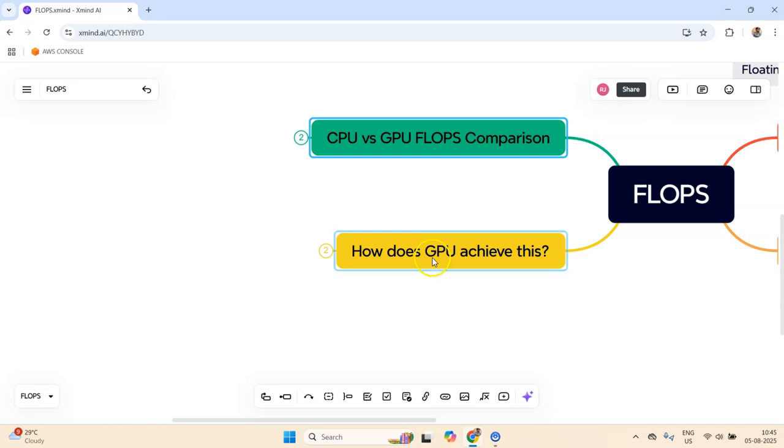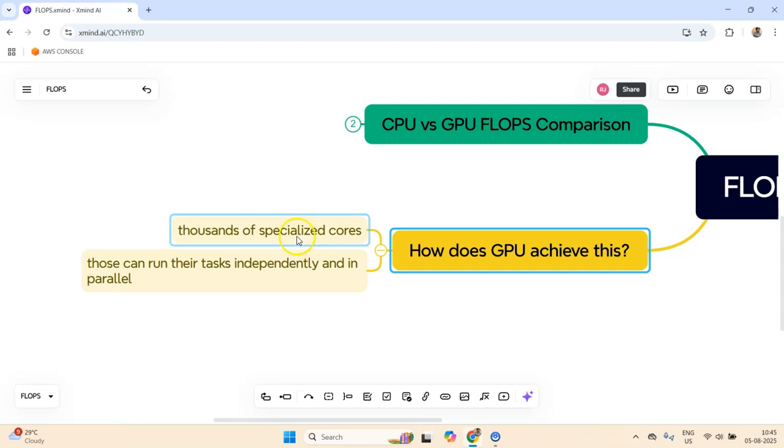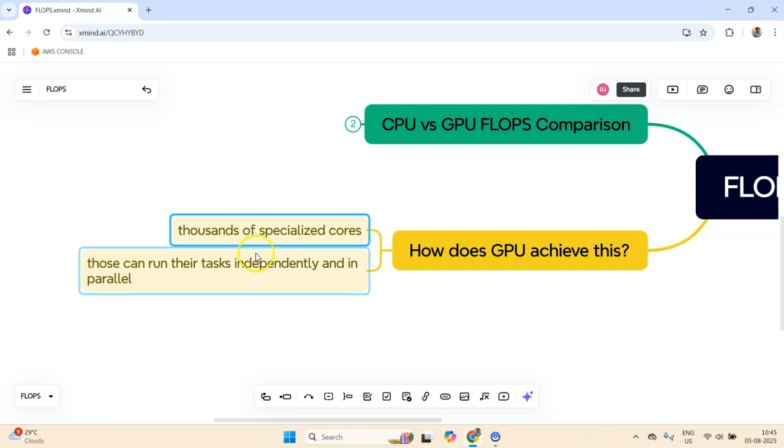Now the natural question is, how does a GPU achieve this? It is a very simple mechanism. Although GPUs were designed for rendering videos and images, the core idea is that they have thousands of specialized cores. In a CPU, we only have single digit cores, or sometimes double digit cores, maybe 12 or 16. Those 1,000 specialized cores can run their tasks independently and in parallel. You have to understand that not all tasks can be run independently and in parallel, only some tasks.